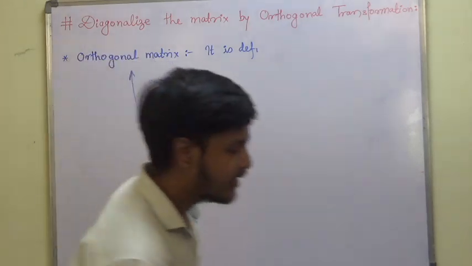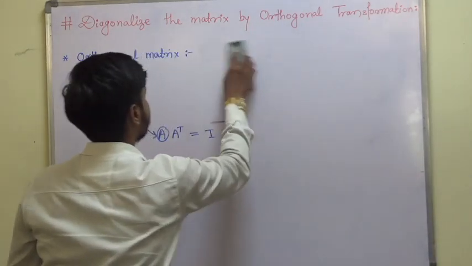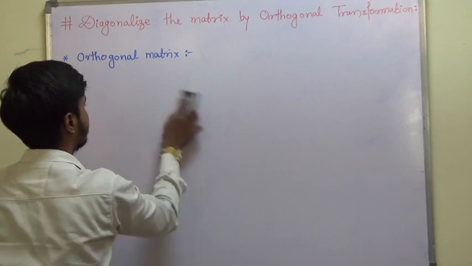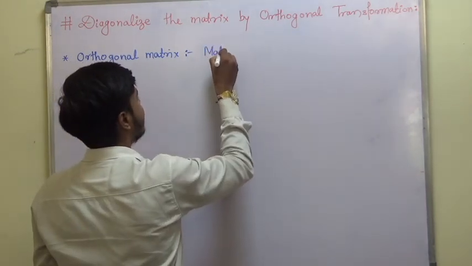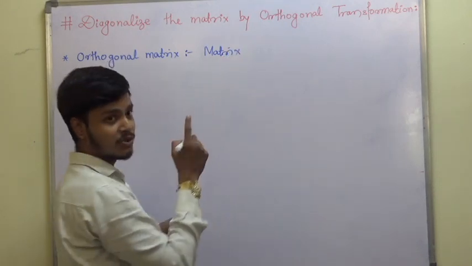Matrix A, and the matrix should be square.